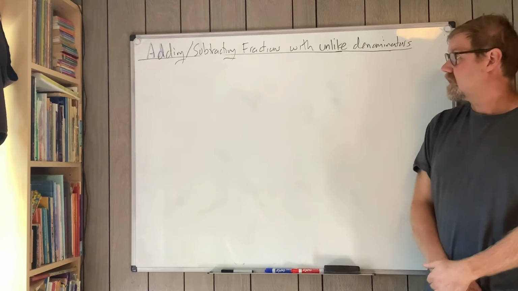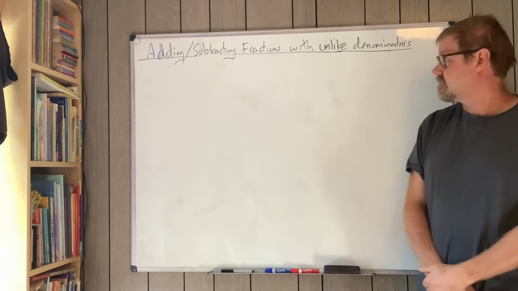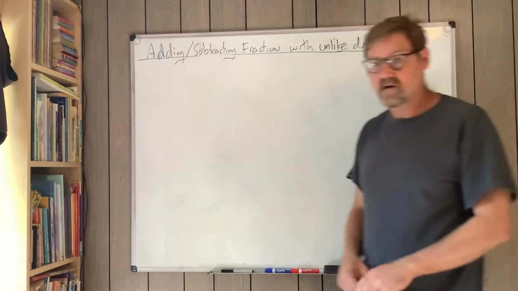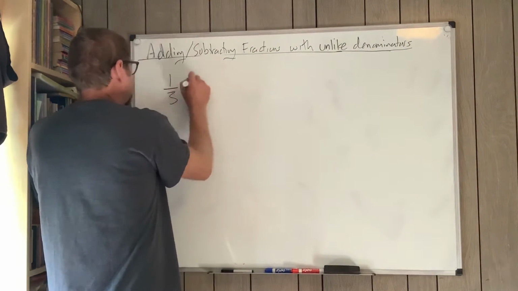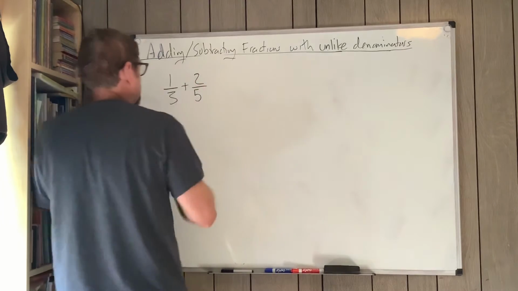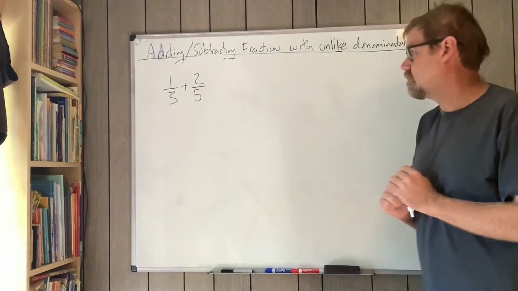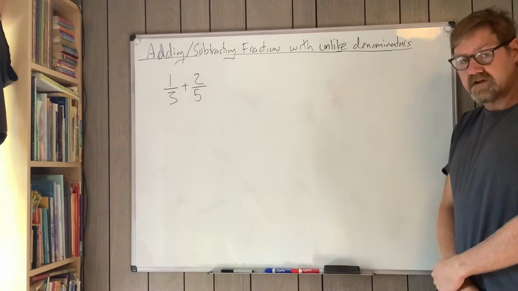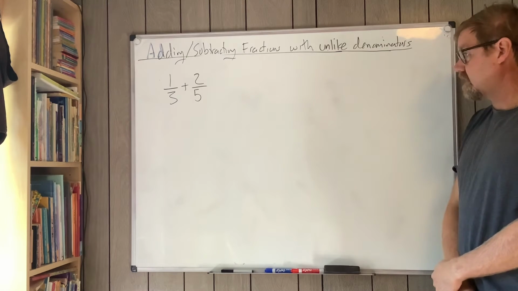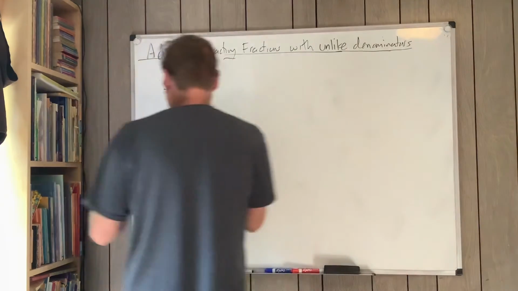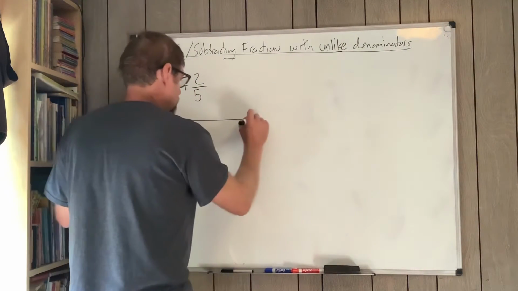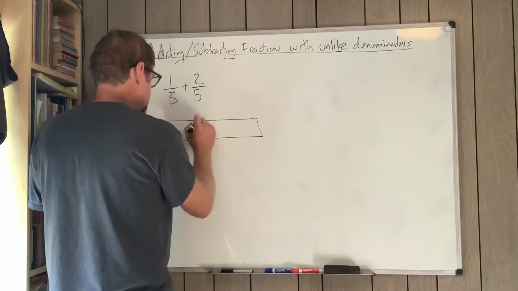So now we're going to talk about adding and subtracting fractions with unlike denominators. So let's just dive in and look at a nice 1/3 and 2/5. Okay, so one way to do this is I'm going to draw two sort of bar diagram models.